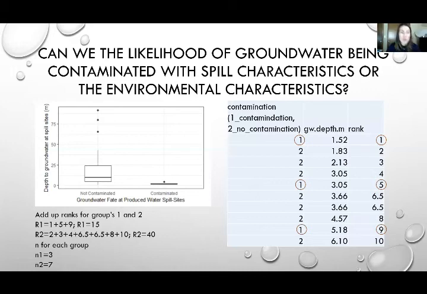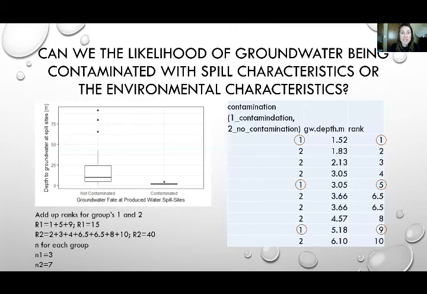Okay, so next what you do, it's the bottom left here. You add up the ranks for both groups. So let's just pretend I had given all of these the correct ranking. So let's look at group number 1. Group number 1 is for sites that had contamination. So I've circled here for you in this spreadsheet all of the different data points that resulted in contamination.